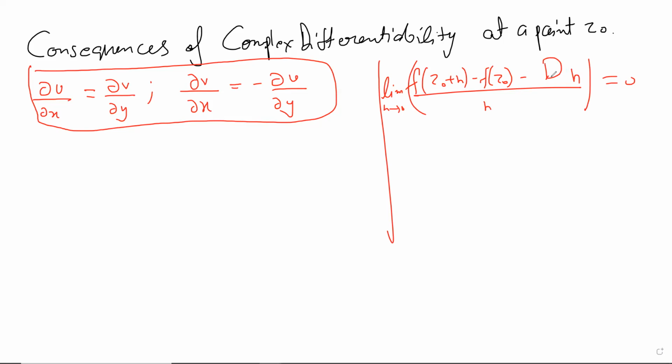If you can find some D which makes it 0, then that's it, because obviously it's unique. These are the alternate ways to see differentiability through approximations, because initially we see it through slopes, but then it's a linear approximation of a function. We'll go into the details of that next time. But these are the ways we will use to prove that these two equations are actually sufficient, with just a small and very natural condition.